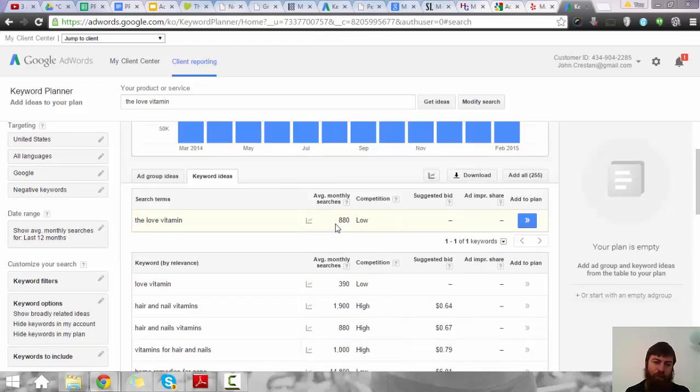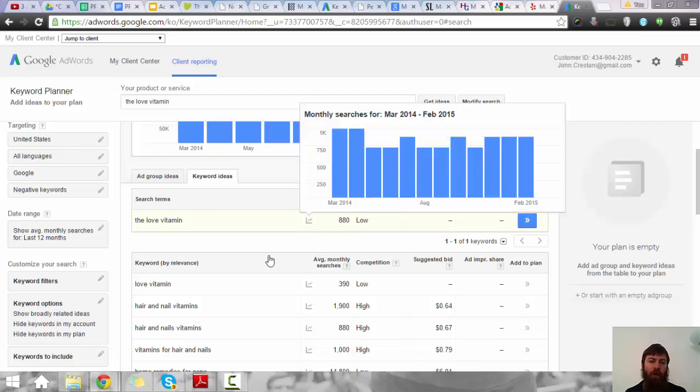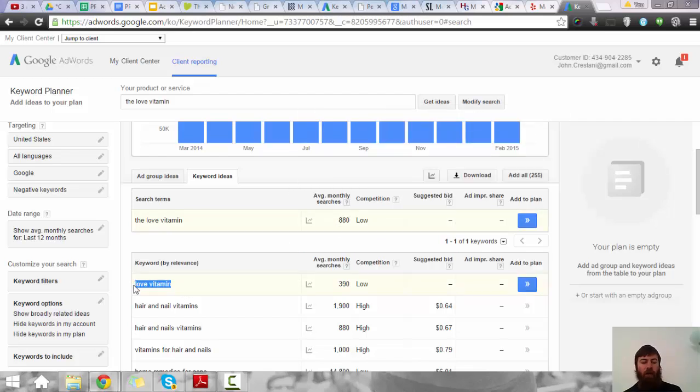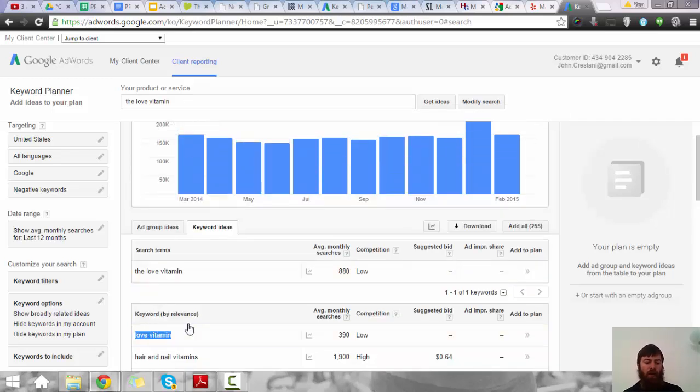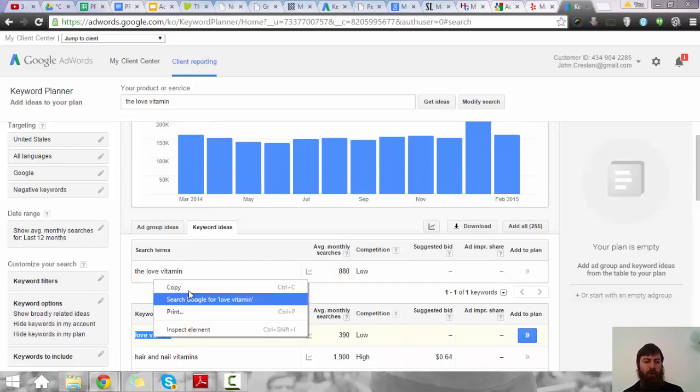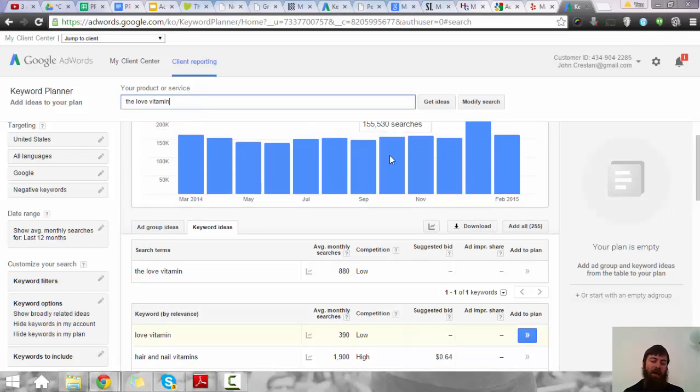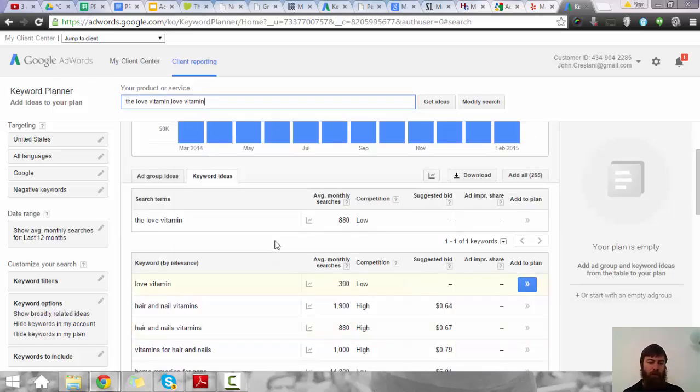So we'll see love vitamin. Then we have another thing, love vitamin. What I'm doing is I just did Control-C, copy, and I'm going to add it up here, up in our little keywords area.